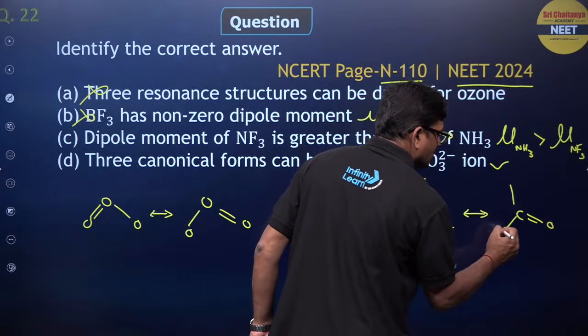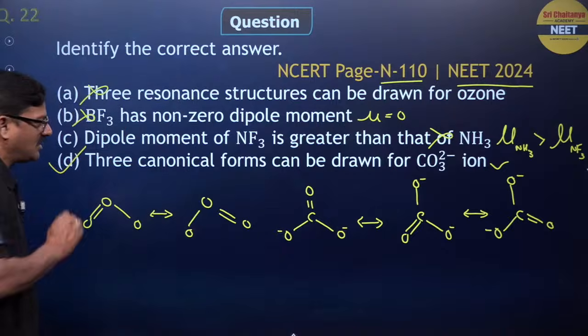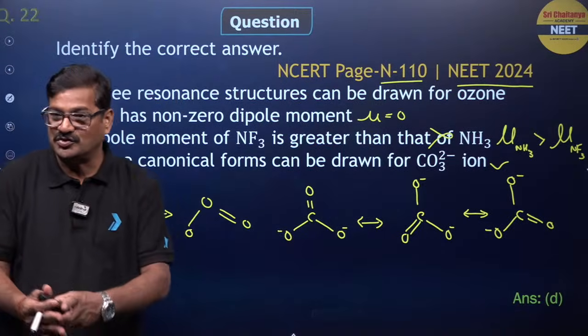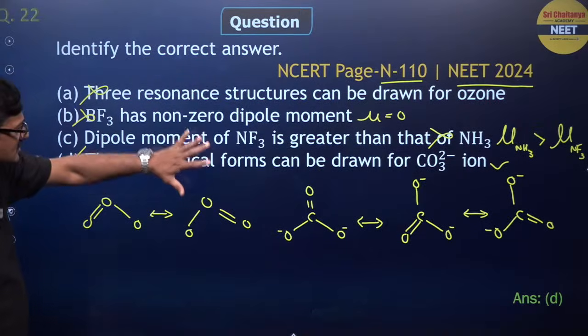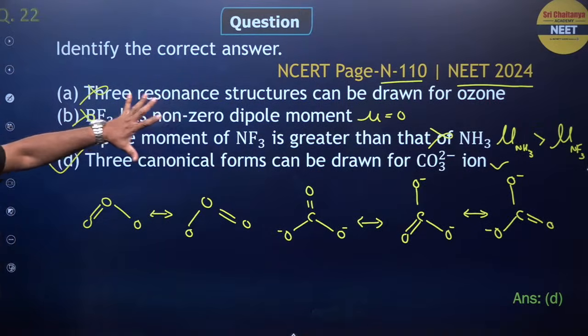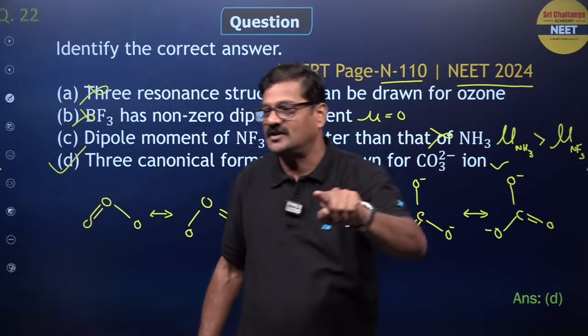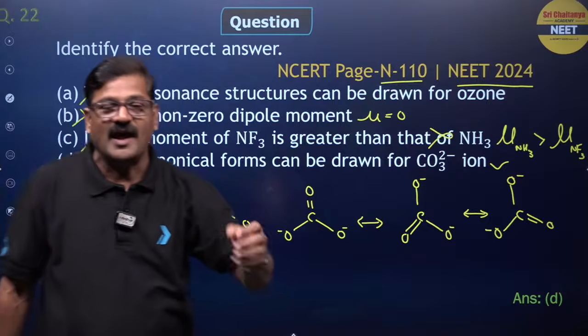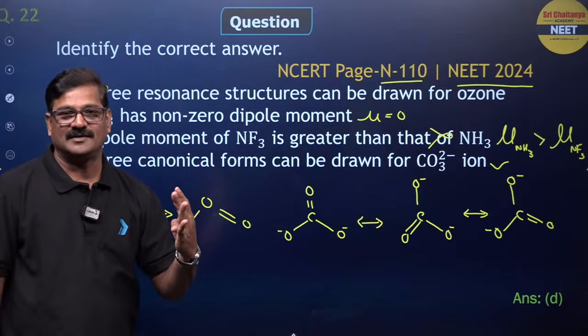So 3 canonical structures are possible, and it is right, option D is the correct answer. You need to have a super command of NCERT so that you can answer this question. You may be afraid to look at it, but it is given on NCERT page number 110. If you have that command, you are going to add 4 marks in your pocket.